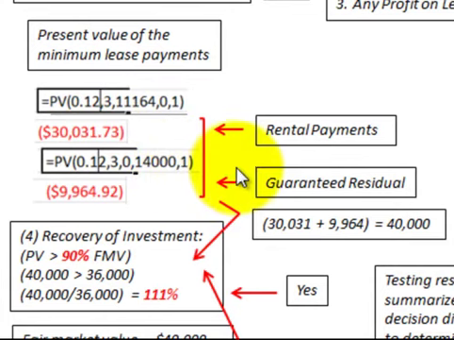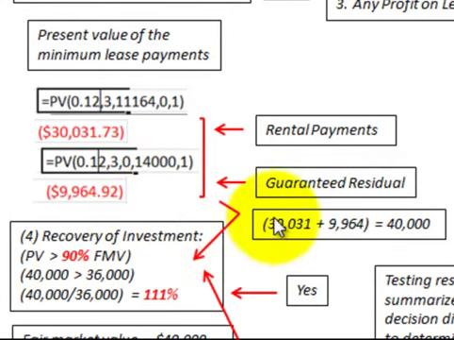And then next we have to include this guaranteed residual value of $14,000. Again, we have the 12% interest rate and 3-year lease, and discounting the $14,000 residual value back, its present value is $9,964.